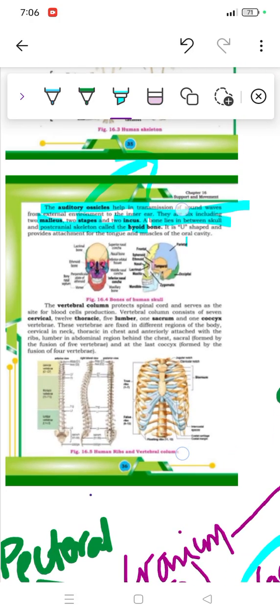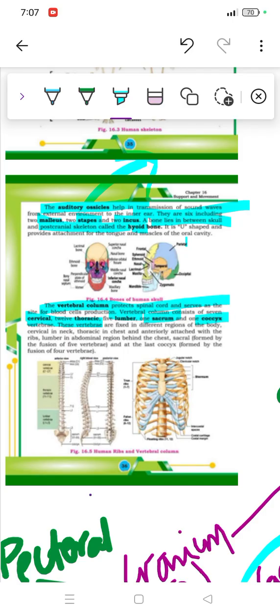Then comes the last part, the vertebral column, which protects our spinal cord. In this vertebral column we have 5 divisions: 7 cervical, 12 thoracic, 5 lumbar, 1 sacrum, and 1 coccyx.